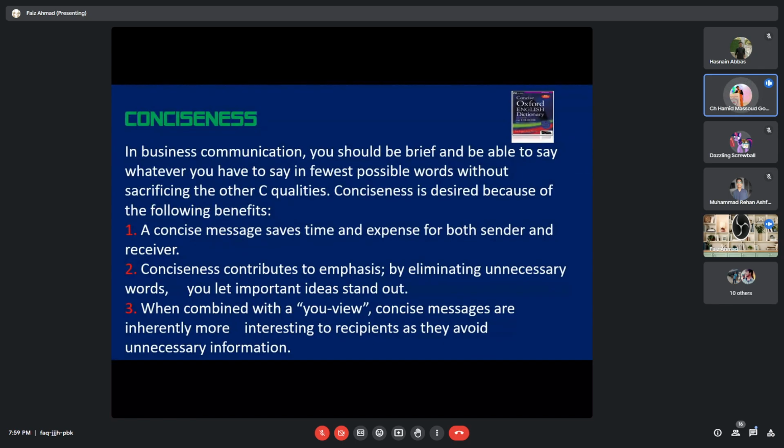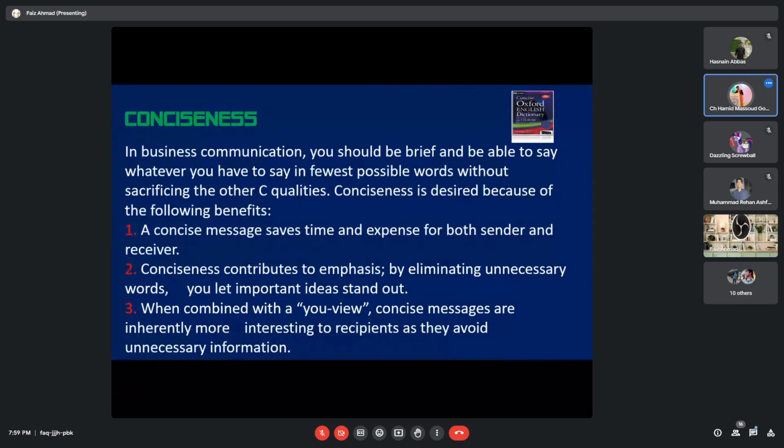Conciseness is desired because of the following benefits. A concise message saves time of receiver and expense for both sender and receiver. Conciseness contributes to emphasis by eliminating unnecessary words to let important ideas stand out.